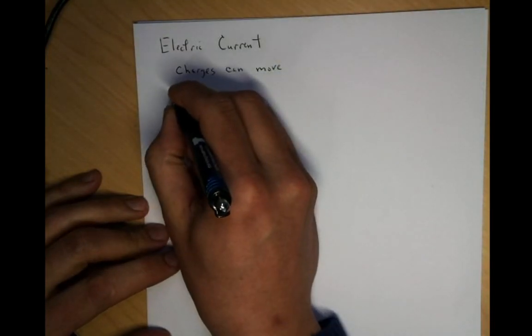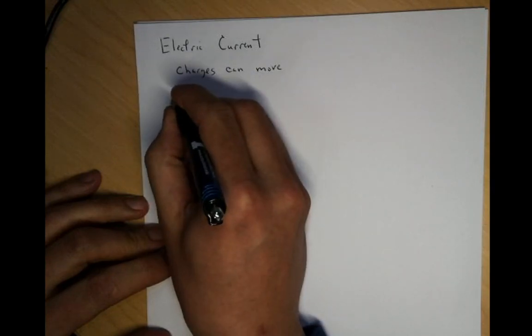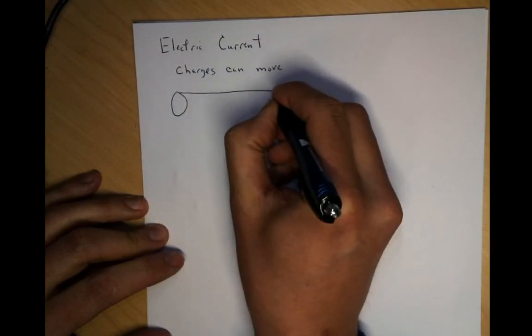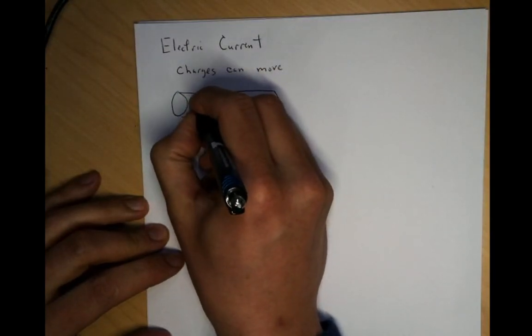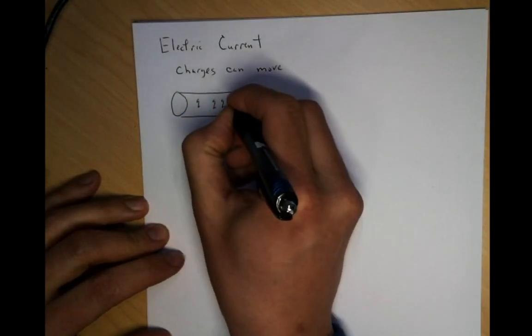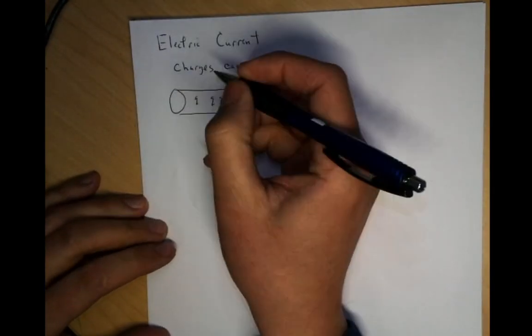So you can imagine basically a tube of some sort, and you can put some charges in here. Q, Q, Q, and these charges basically can flow along the tube.